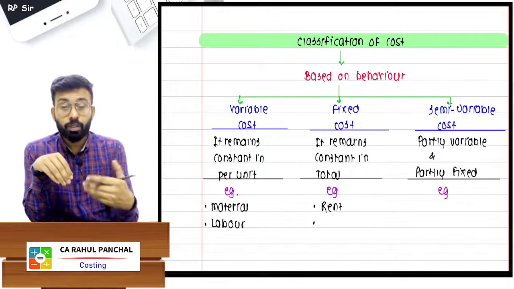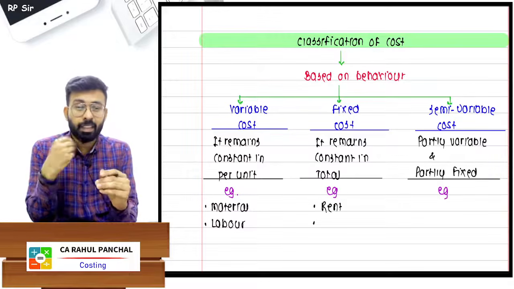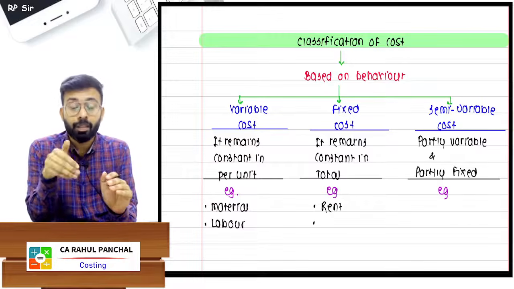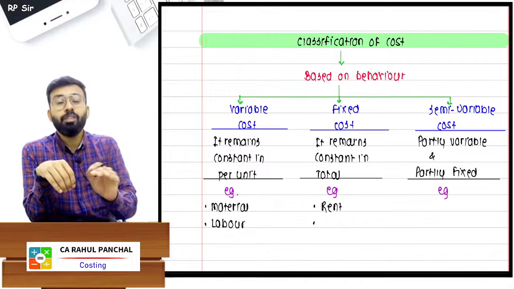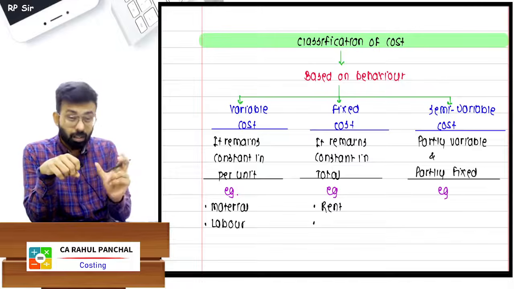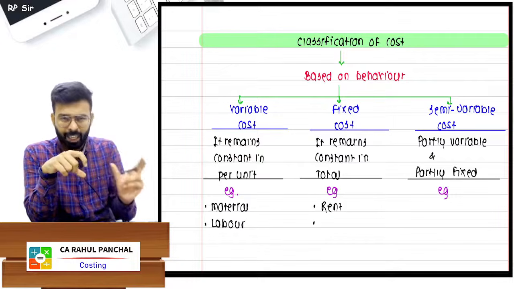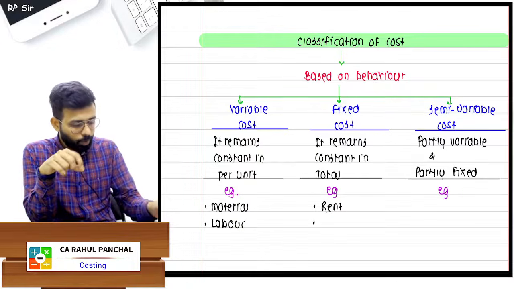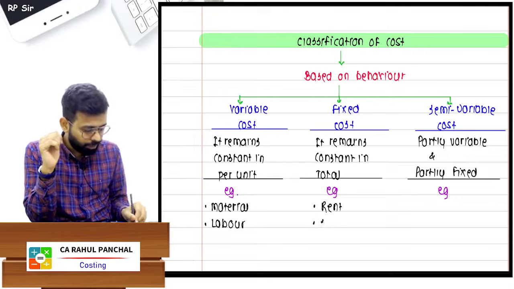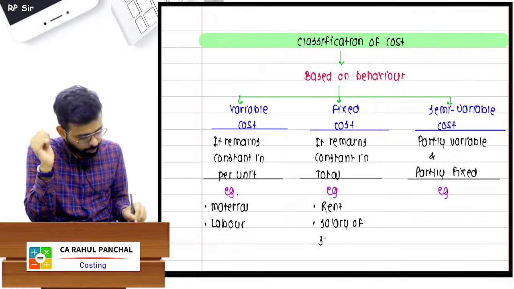There is a supervisor who is working in our factory and we pay him, let us say, 10,000 per month or 20,000 per month. It does not matter how many units we produce, his salary will be the same for 1 month. That is, in totality you will pay the same amount. In total it will remain the same. Salary of supervisor.